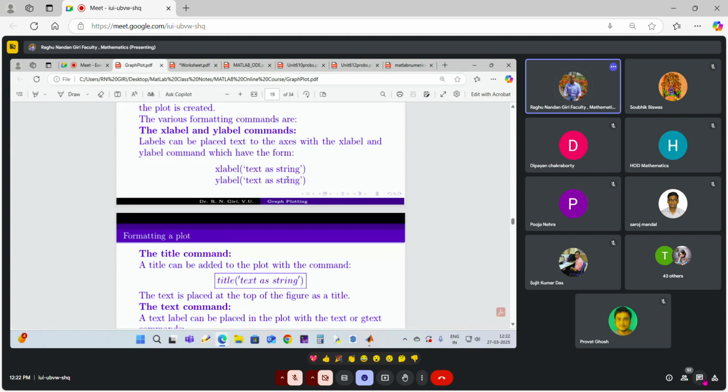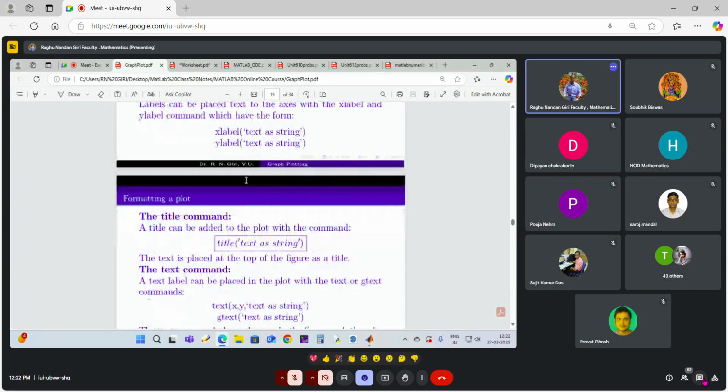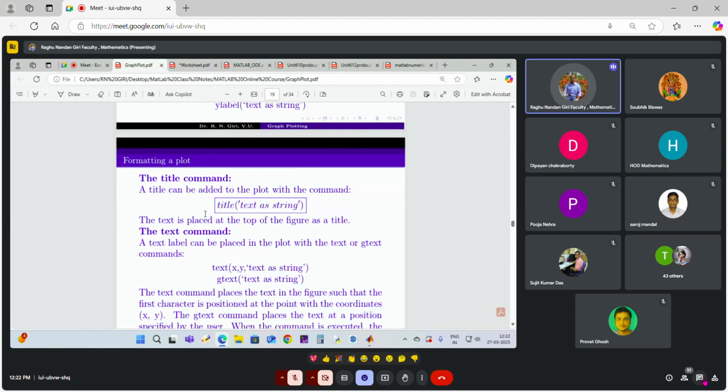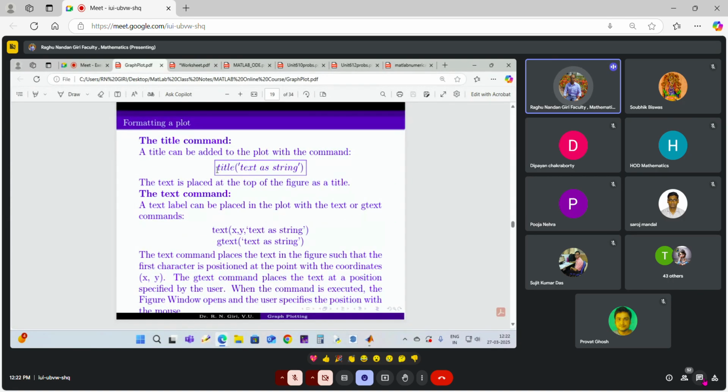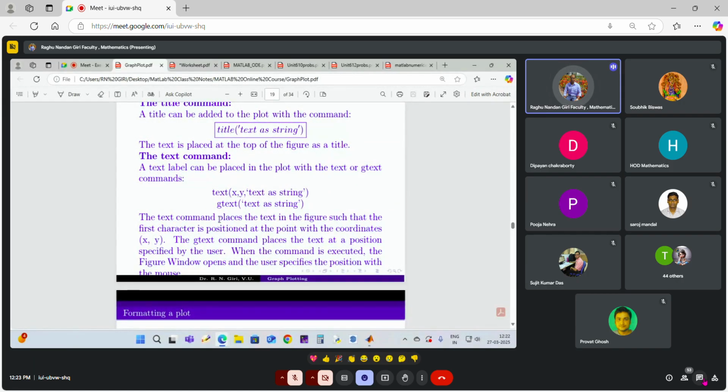That means we write this message within single quotes. Similarly, I also told you how the title command works. Title is a function, and the argument is a string. After executing this statement, the title appears at the top of the figure window.